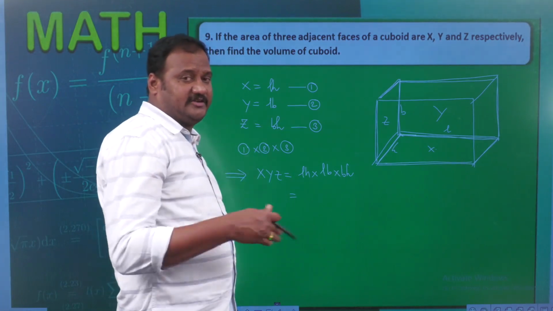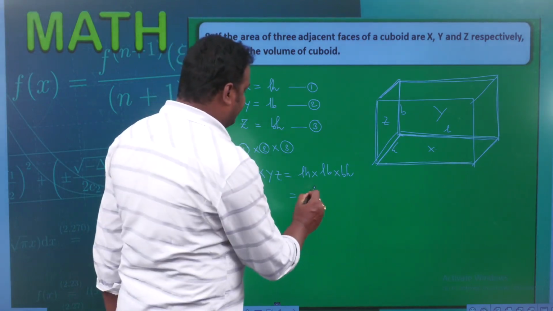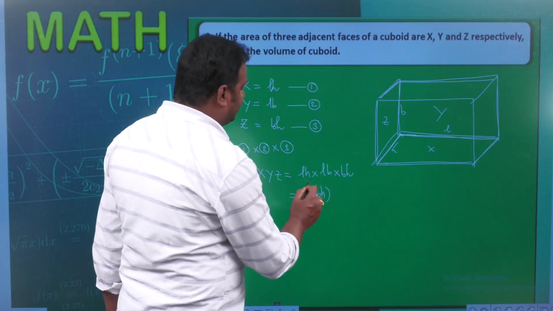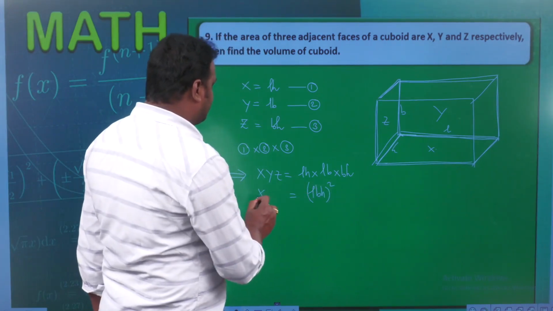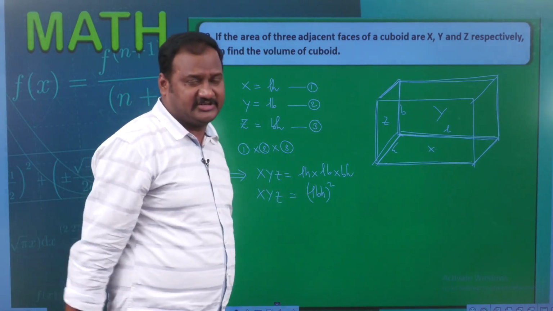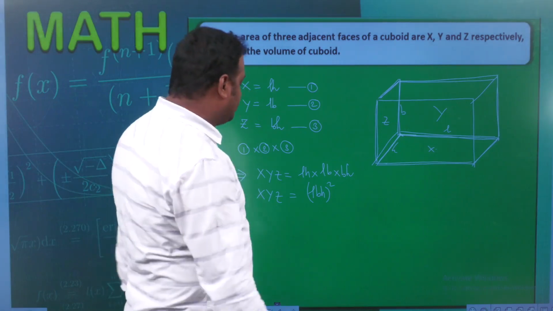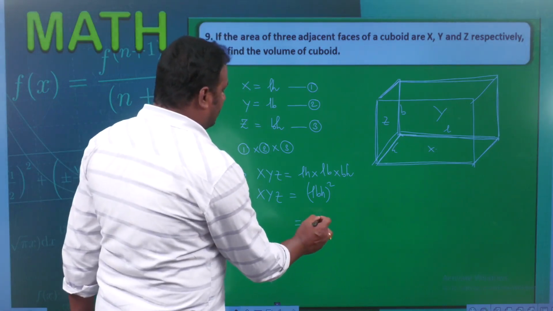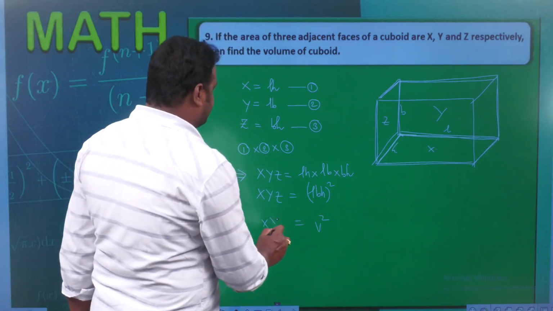It means L square into B square into H square. What does it mean? L into B into H whole square is equal to XYZ. What is this L into B into H? That is basically volume of the cuboid. So, volume square is equal to XYZ.